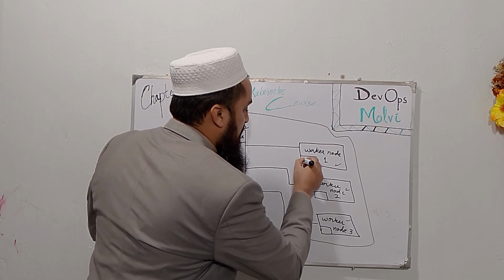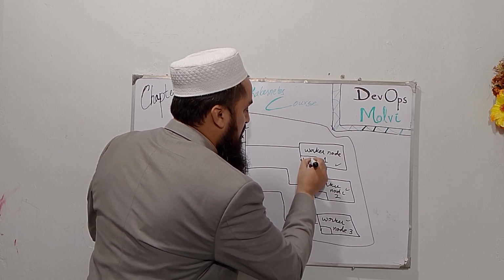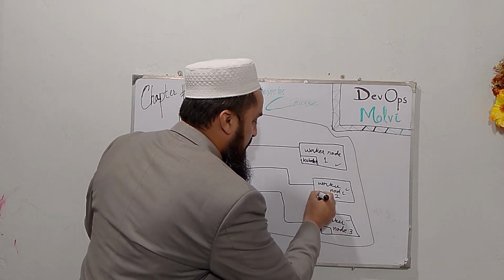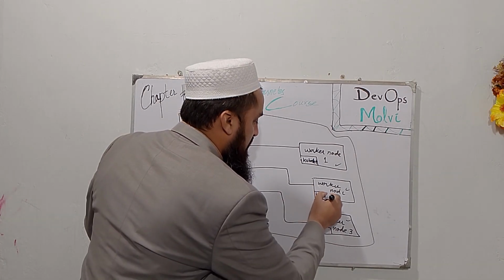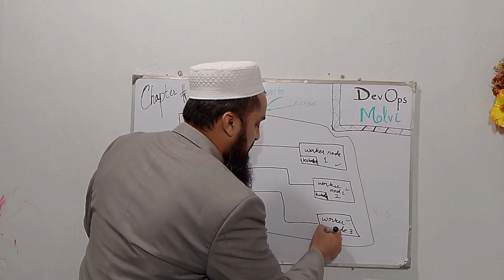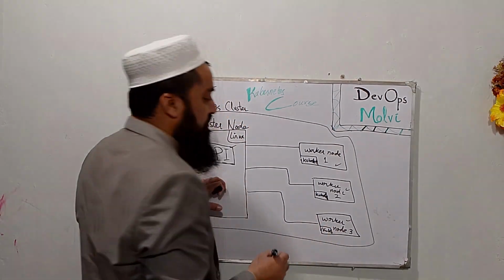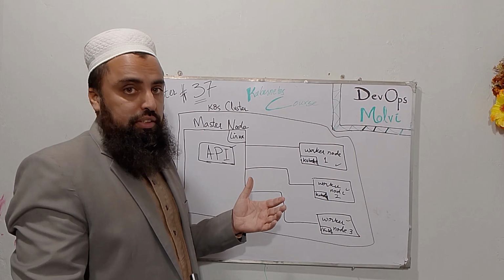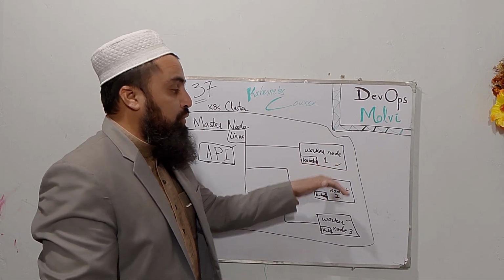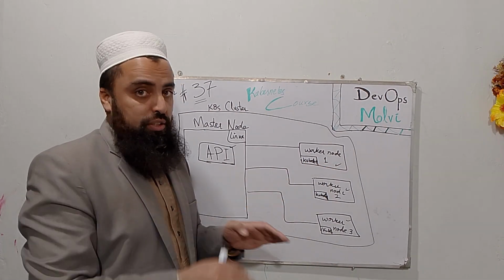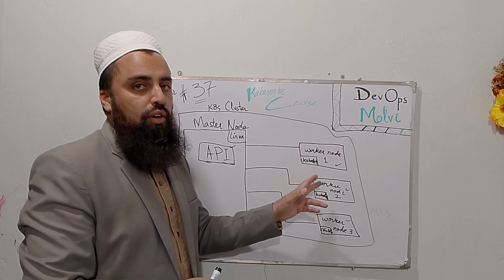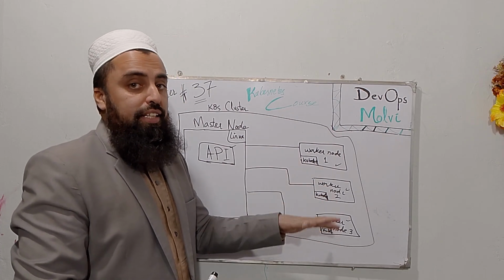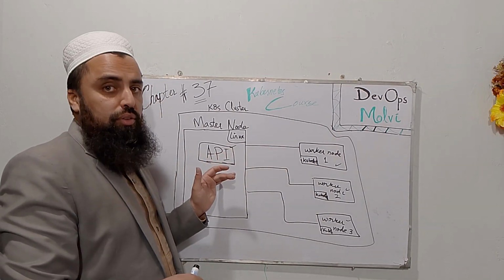So I will use Kubelet. This is an agent, a Kubelet agent, and this is also a Kubelet agent. If we are going to expand our cluster, for instance, if I am going to add 5 more worker nodes, then I have to install the Kubelet agent on all these worker nodes so that they can communicate with the master node.